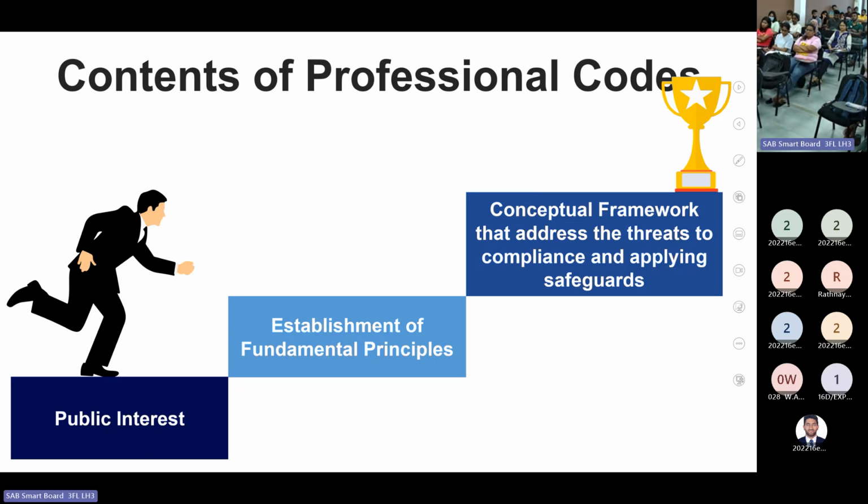You need to establish the principles. And third one is if you are breaching one of, let's say, 3 to 5 principles, what kind of remedies, corrective actions and safeguards are you having? How are you going to apply it? What kind of conceptual framework are you following? So these three things need to be there when it comes to the professional codes.